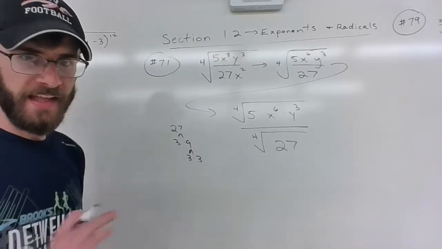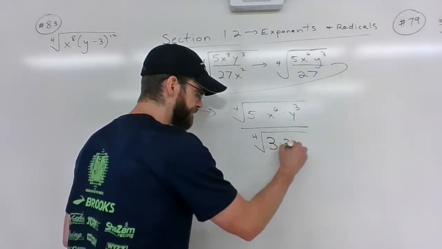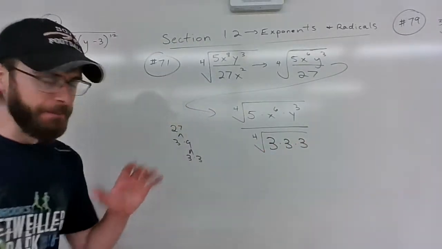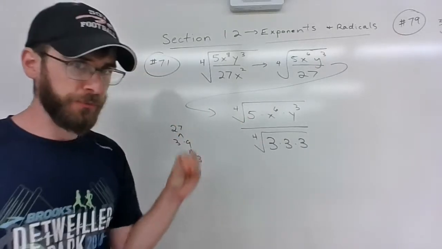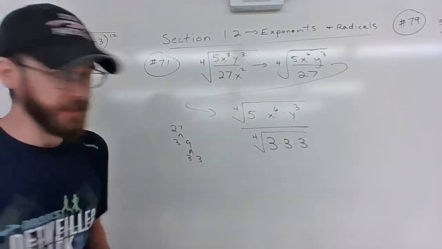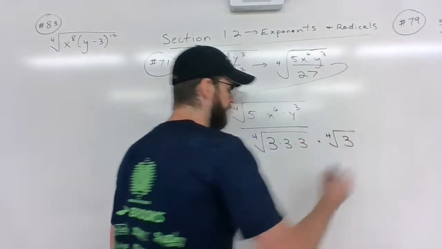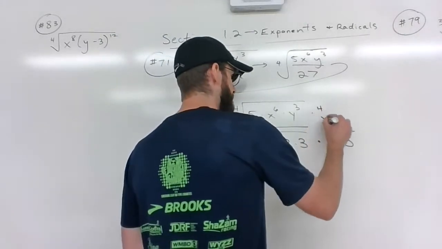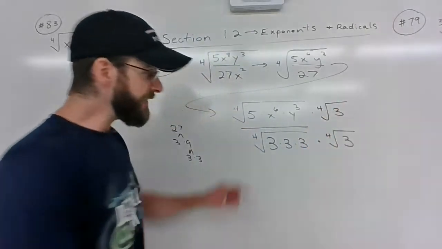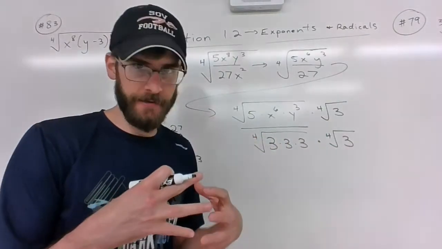The reason why that's helpful is that if I multiply the bottom by one more 4th root of 3, which I also have to do to the top, any 4th root quantity times another 4th root quantity can be combined.